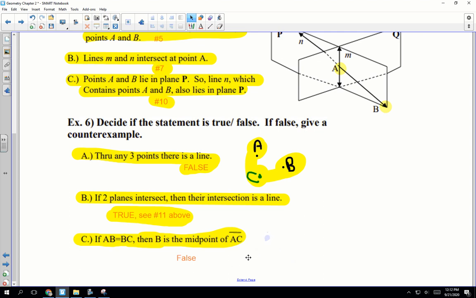Because if I have line AB and I break my stick in half, so it's got a crook in the middle, BC, even if AB and BC have the same length, B is not the midpoint of AC because AC is technically from here to here. And so the midpoint would be a different point than B.